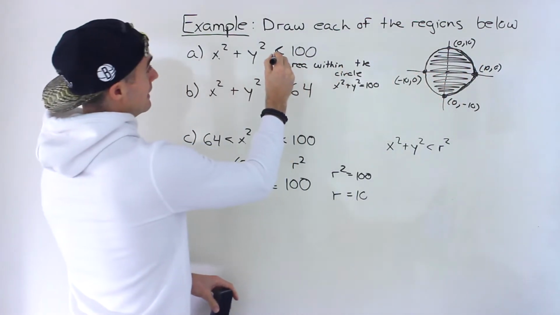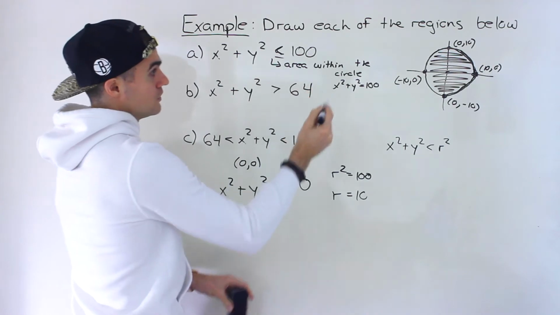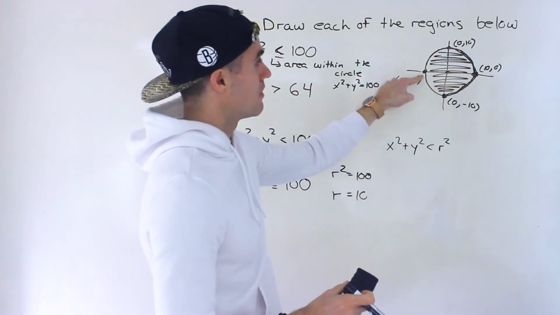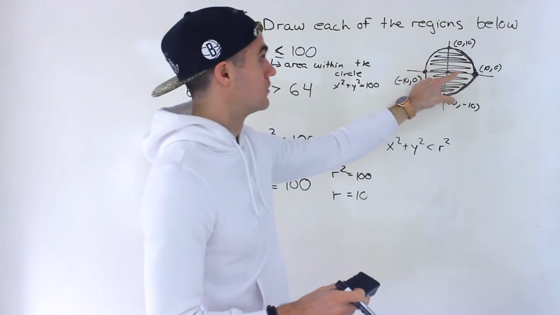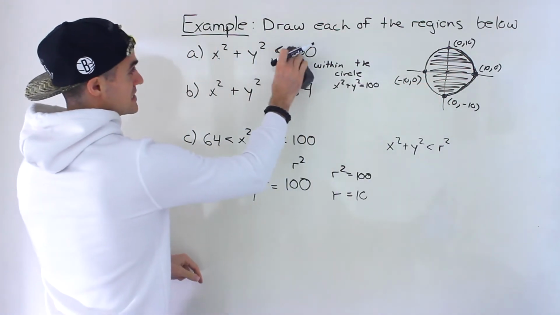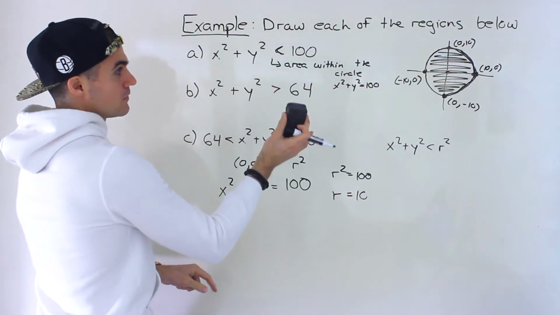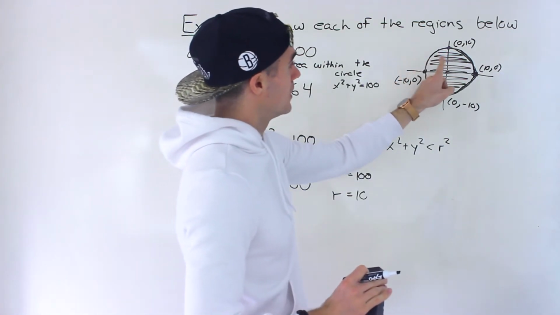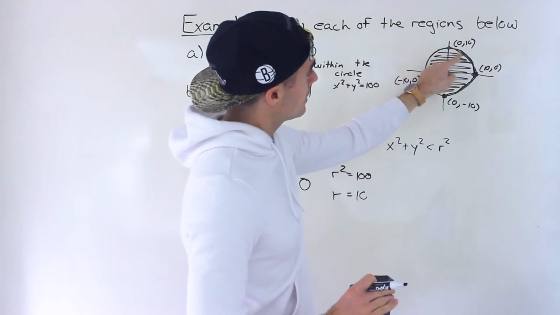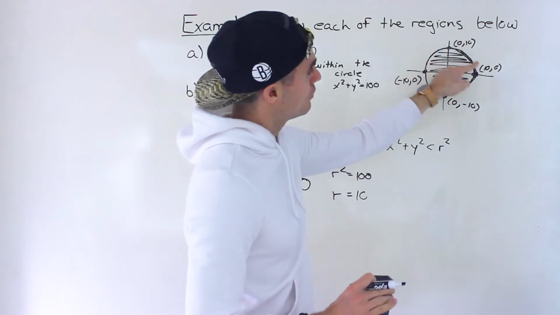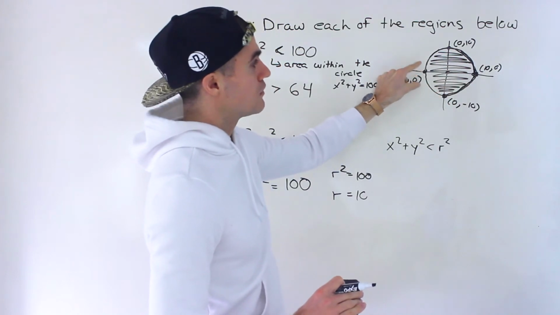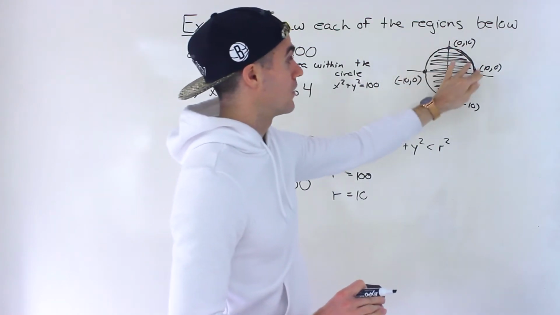Now, if this was less than or equal to, then it would be this area within plus all the points on that outer circle. But because it was just less than, I should maybe have drawn it with a different color, it's the area within this circle and not including the points on that outer circle.